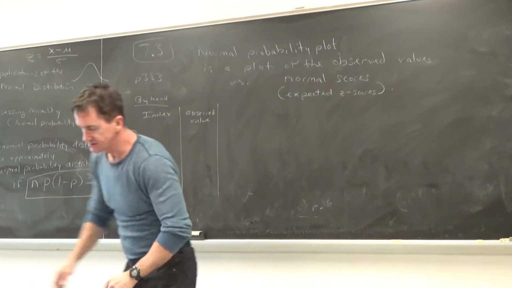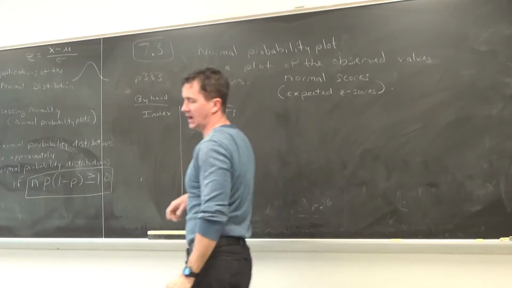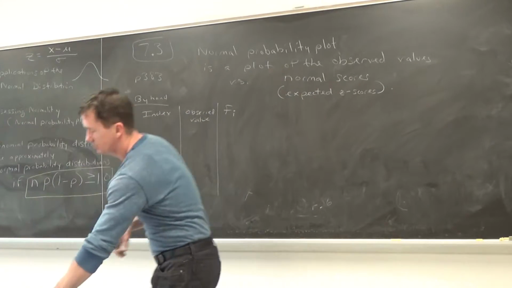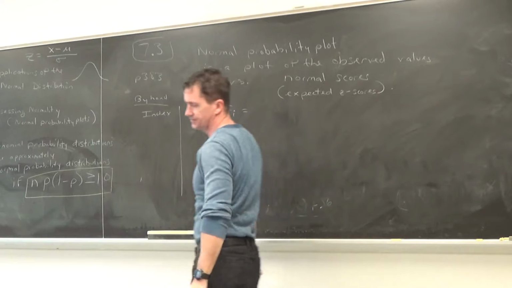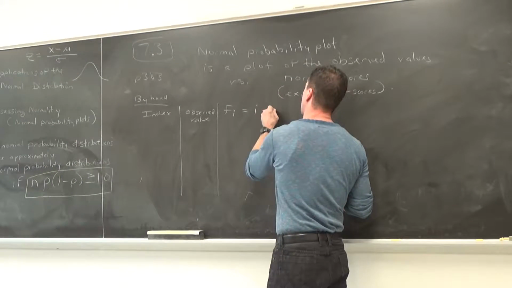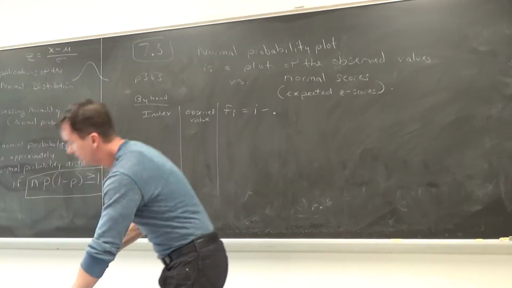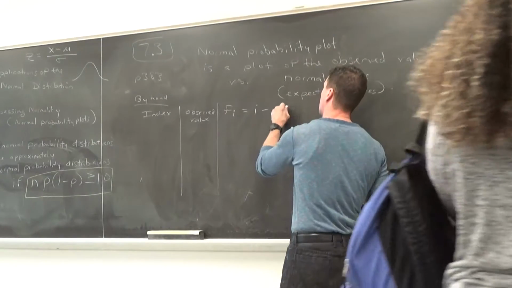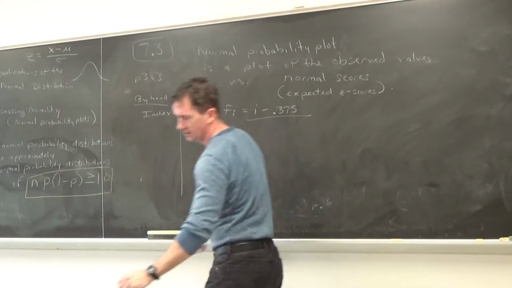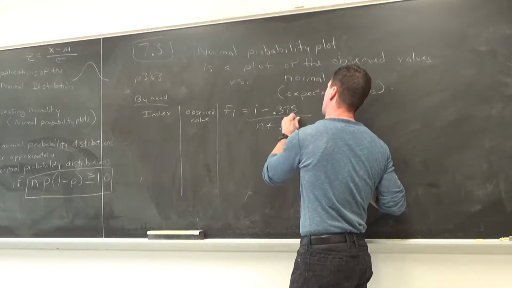You find this, they call it f sub i, which is equal to i minus 0.375 divided by n plus 0.25.